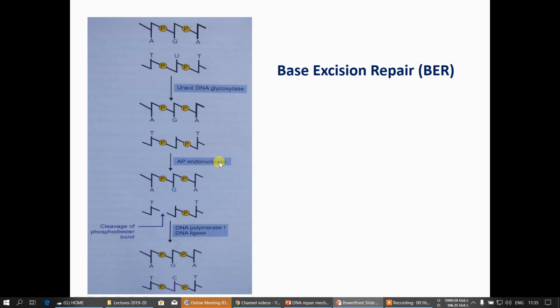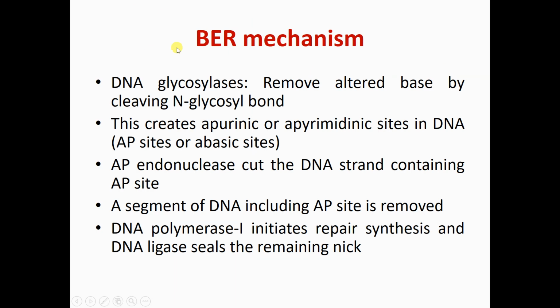Then the AP endonuclease enzyme breaks this bond. AP means apurinic or apyrimidinic site. The endonuclease will cleave the phosphodiester bond, and then the DNA polymerase will come and attach the actual cytosine molecule in place of this uracil. So this is the base excision repair mechanism.